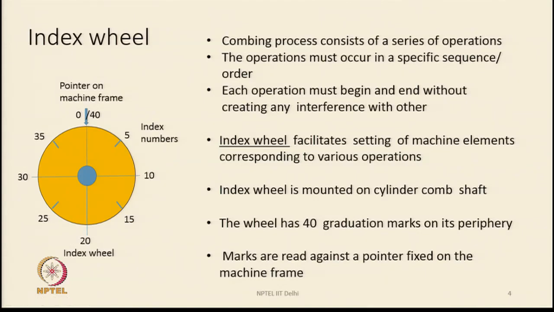So, on the frame this pointer is fixed, and this wheel which is fixed on the cylinder comb shaft can be turned. The purpose of the index wheel is that it facilitates setting of the various machine elements corresponding to various operations. Now, we will go to the next slide and try to understand it further.